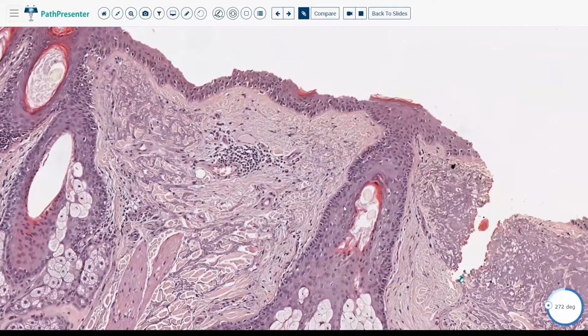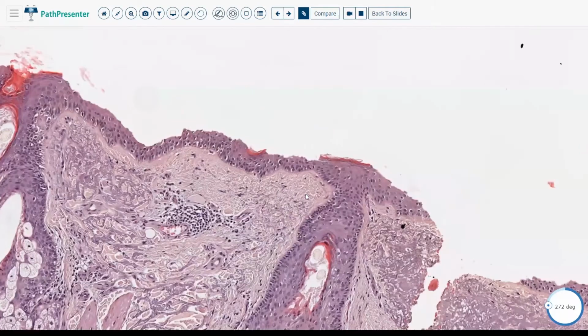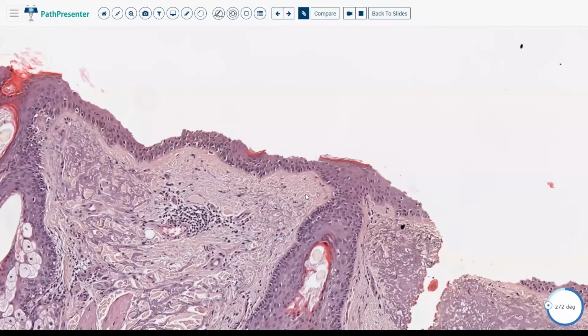But let me just tell you, symmetry means, in simple terms, that if you start your lesion with a large nest, you should end the lesion on the other side with a small nest. And by the way, symmetry is only a judge that you will use for the junctional component of your melanocytic lesion. So if you are dealing with an intradermal melanocytic lesion, then you should not be using the word symmetry here.